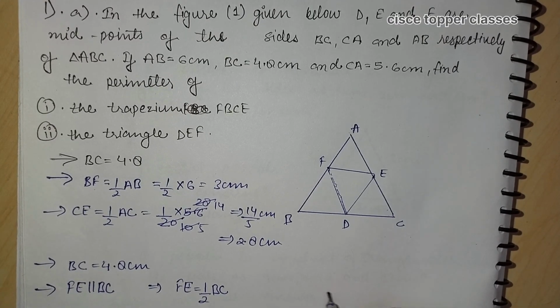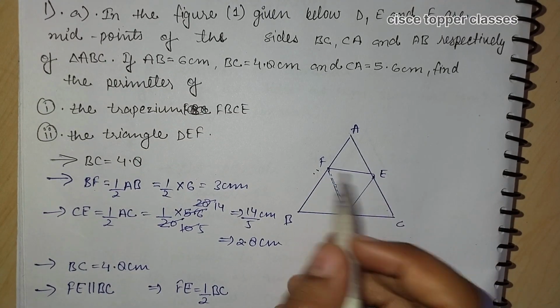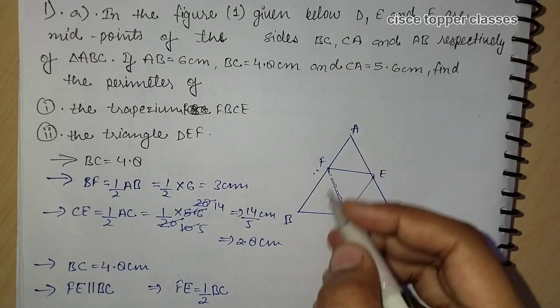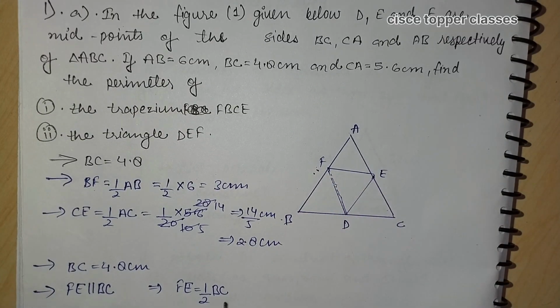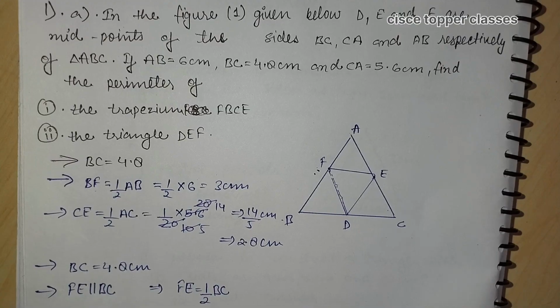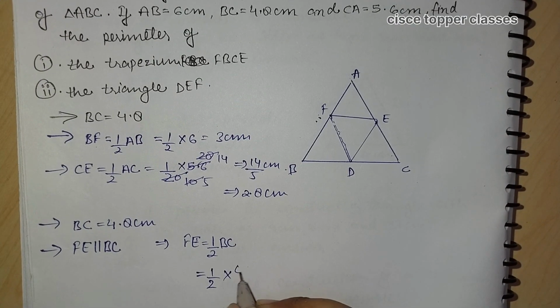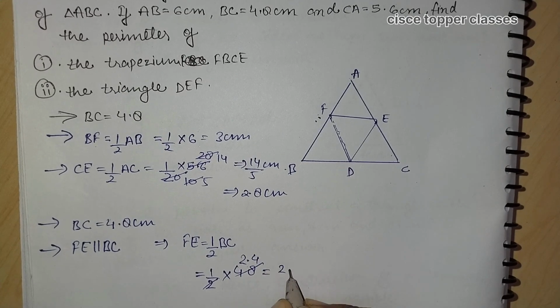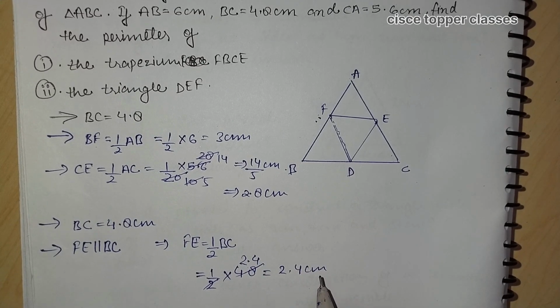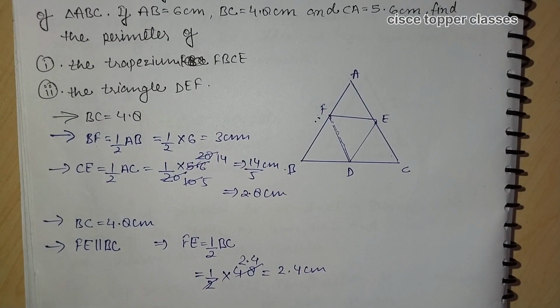Because if F and E are the midpoints of these two sides, we have FE as half of BC. So this is the theorem. This will be half into BC. Here BC is equal to 4.8. We will put the value and this will be 2.4 centimeter. Simply we will find the perimeter of trapezium FBCE from here.